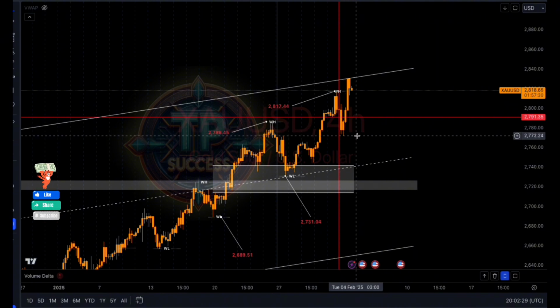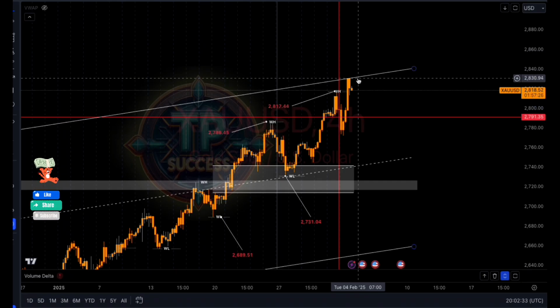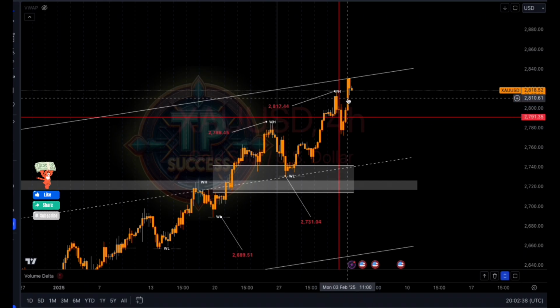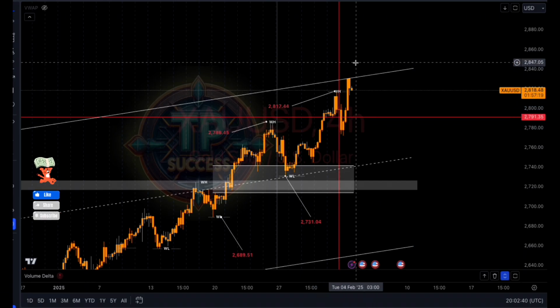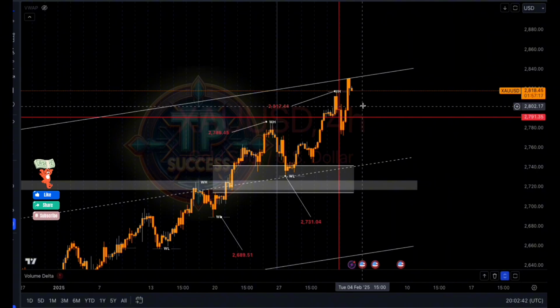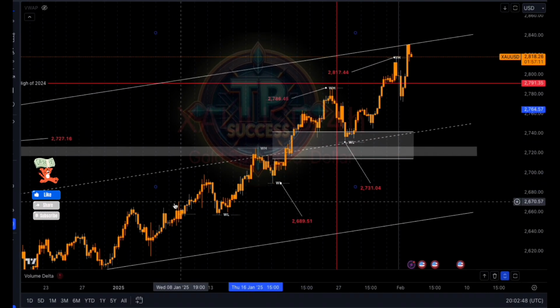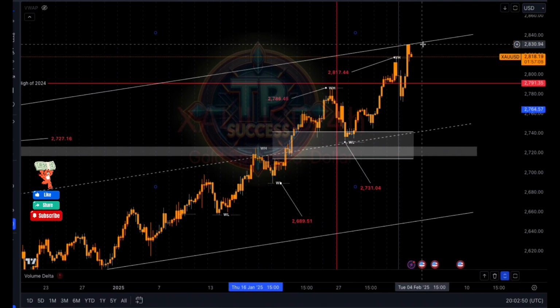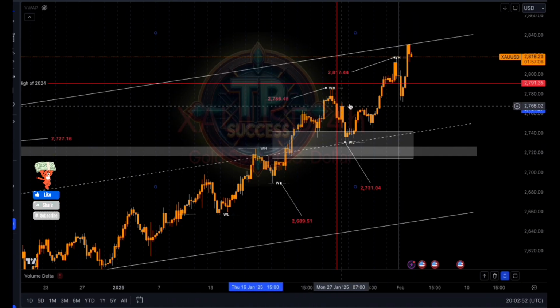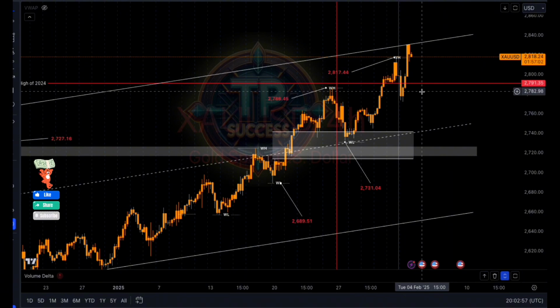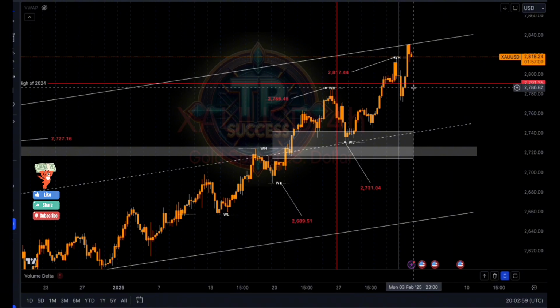Now, if the high of today is taken out tomorrow, then this is when the FVGs become really important, because then we're looking for where price is most likely going to do a pullback, and when it does, that's when we're most likely looking to join the market, because this overall move is a solid uptrend. And because it is a solid uptrend, we need to be mindful of the fact that it might want to break down. So we have to have that in our mind as well.